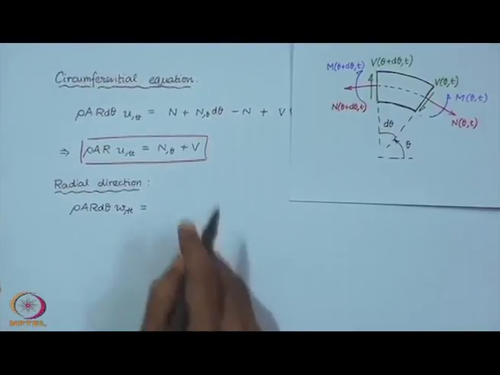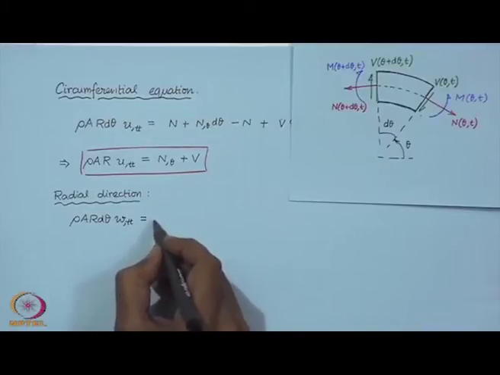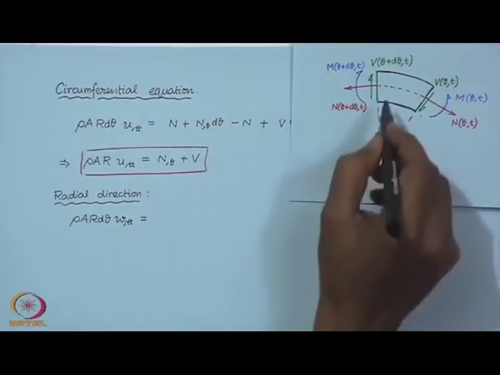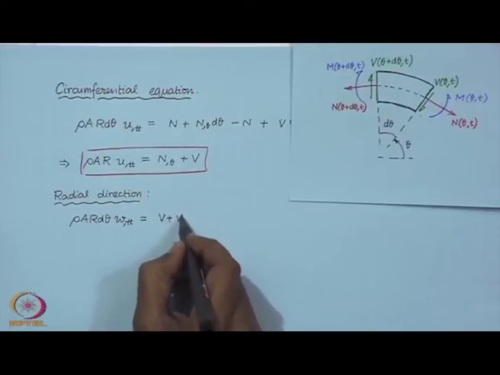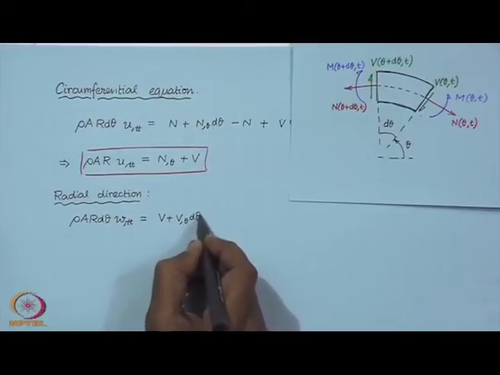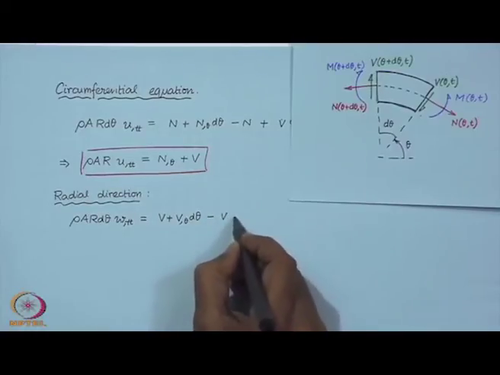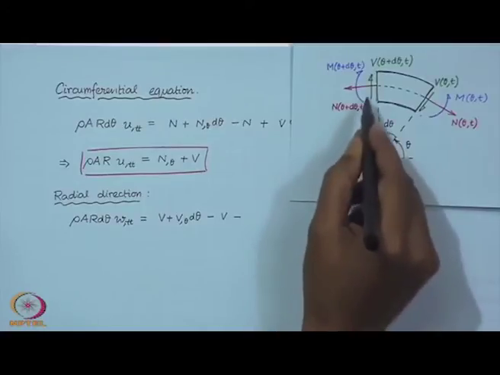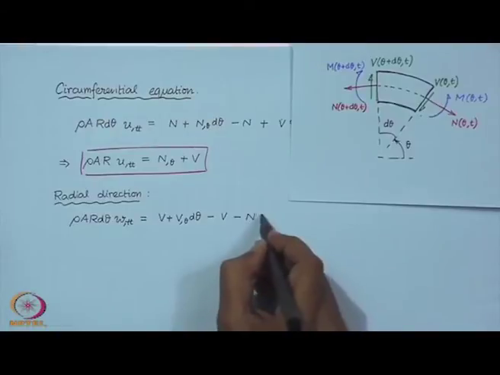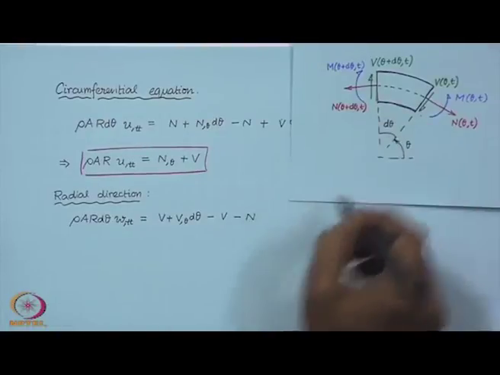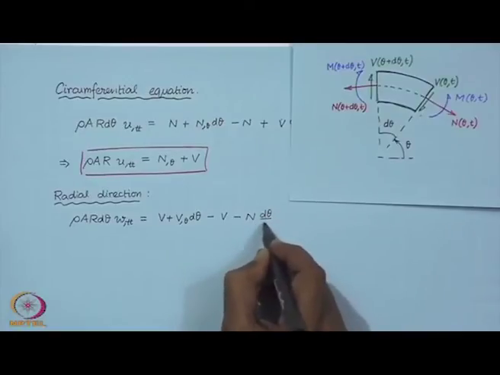So, I can write this as V, then there is this normal force which is towards the center, and so this is negative, and there is a projection.